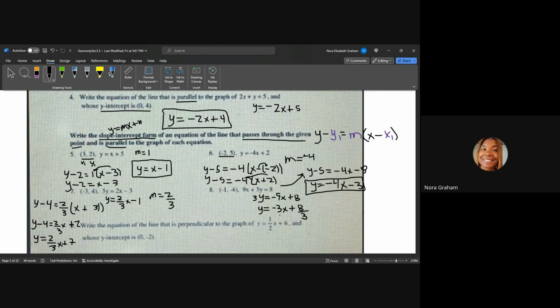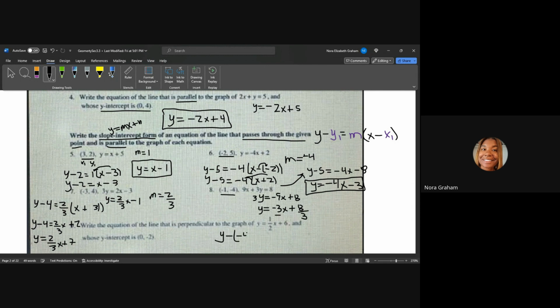Now, again, I have my slope, and these are parallel, so it's going to have the same slope. So I take my slope, and I take my point that they give me, and I plug it into my y minus y sub 1 equals m x minus x sub 1 formula, my point slope formula. So that would be y minus negative 4. We have to account for that negative 4.